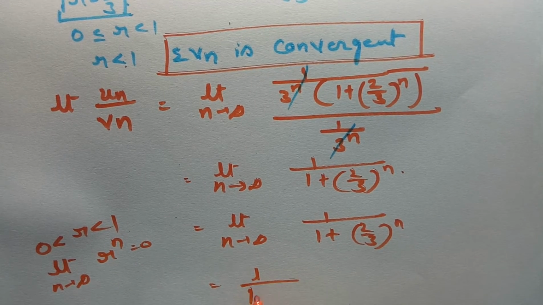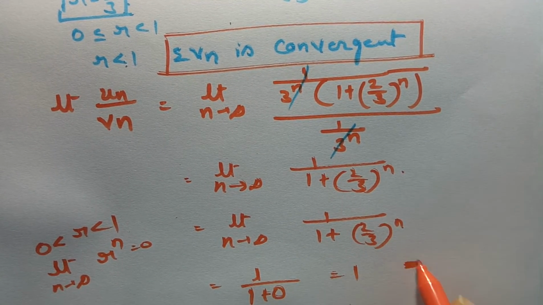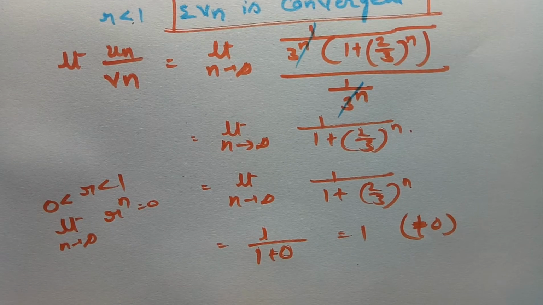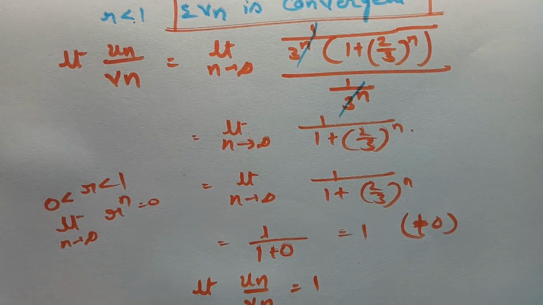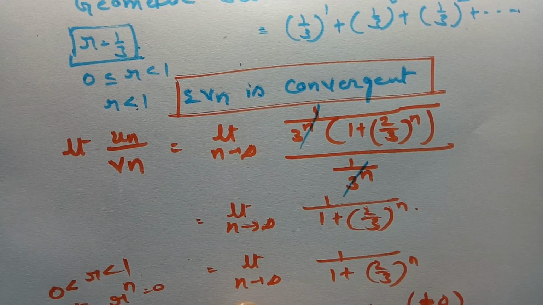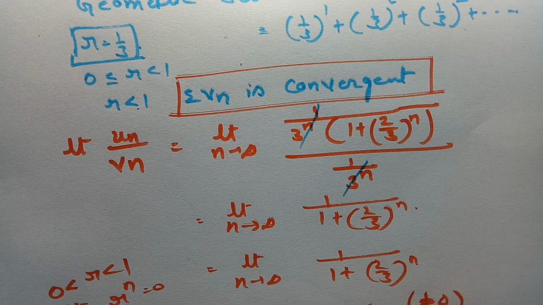So this will be 1 by 1 plus 0, which is equal to 1, which is not equal to 0. We have got a finite value, that is, limit un by vn is equal to 1, according to the comparison test.